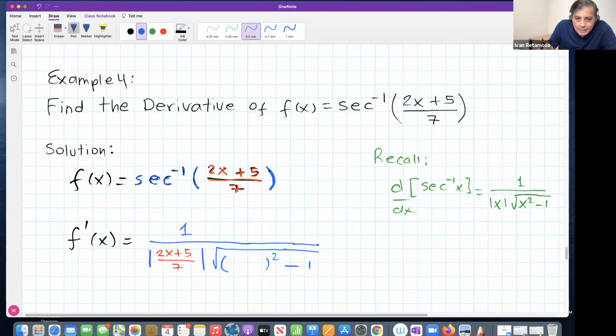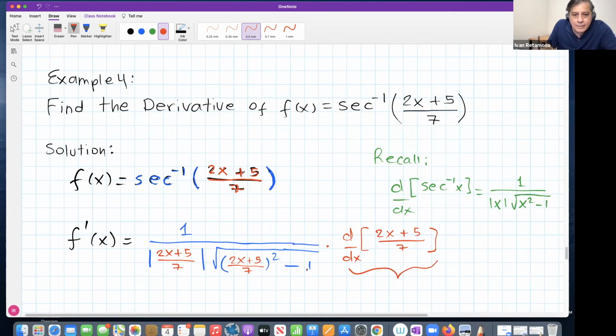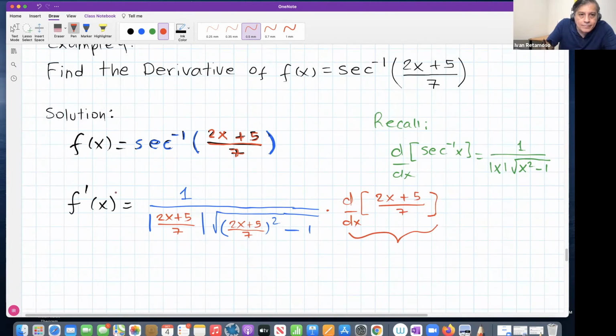That something is your inside function, (2x plus 5) over 7, times the derivative with respect to x of the inside function, (2x plus 5) over 7. And by the way, could anyone tell us what this derivative is while I rewrite this?